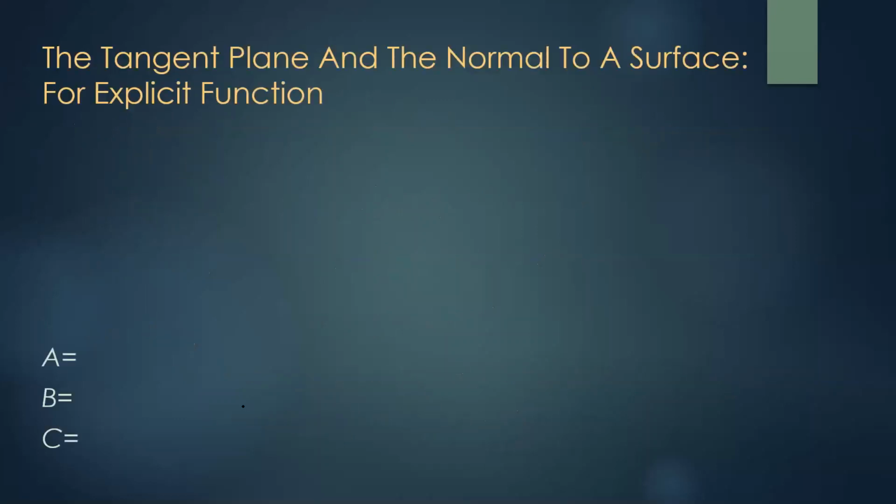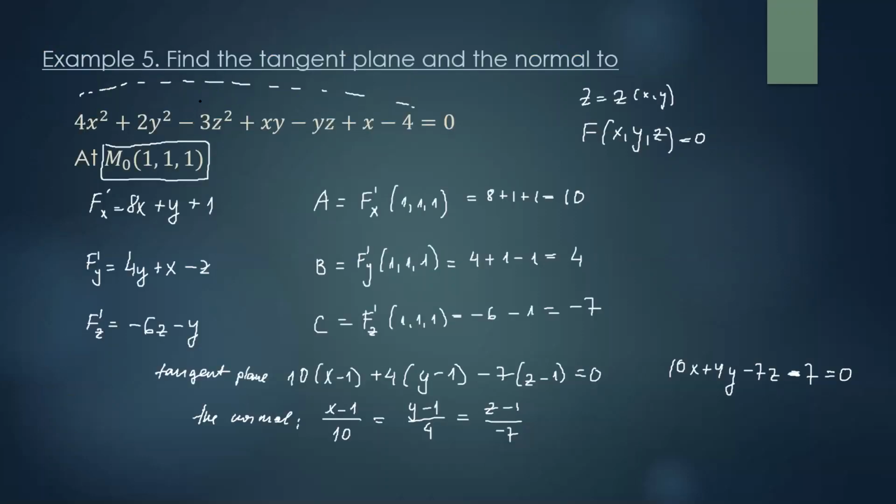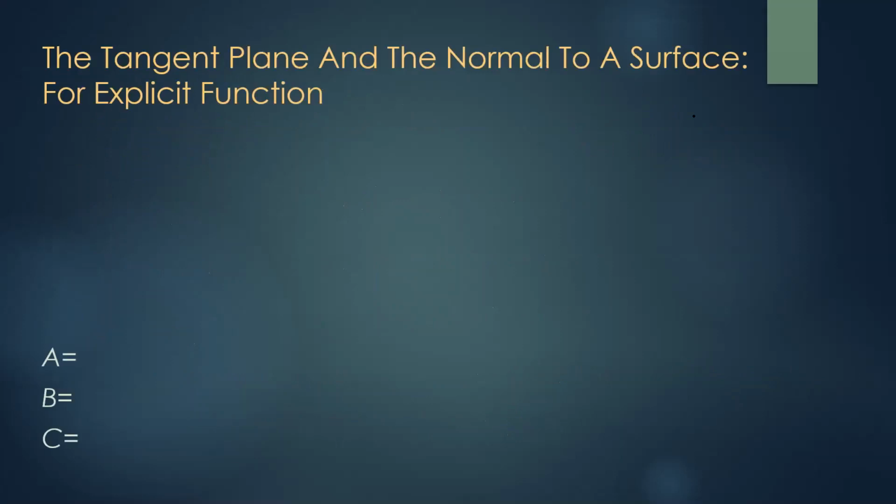And so, well, I already did all that. Sorry, this was for an implicit function, that is, if we have this kind of expression. So for an explicit function, z is some expression of x, y. So I can change it theoretically.